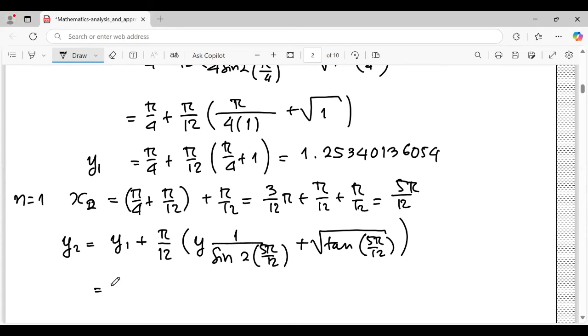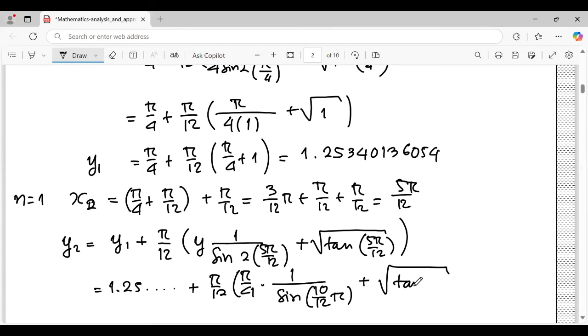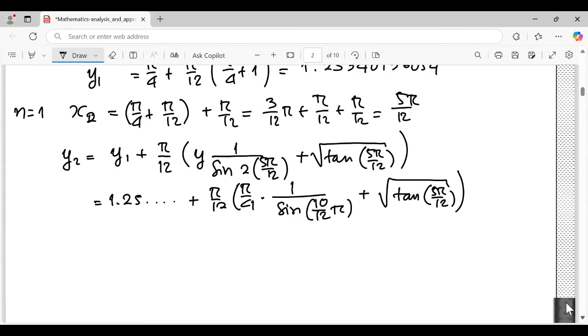And it is this one: 1.25 plus pi over 12 times (1.25 over sine of 10 over 12 pi plus the root tangent of 5 pi over 12) in brackets.